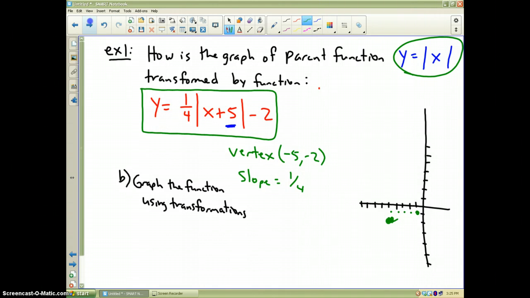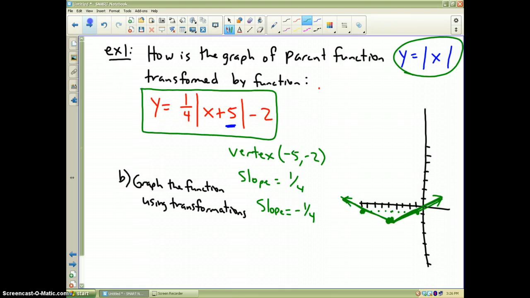Now that is the positive side of my absolute value function. Of course, the negative side would be negative a, so the slope on the other side will be negative 1/4. So here I'm going to go up 1 and over 4 the other way because I know my function has got to look like the letter V, and therefore my graph should look like this.